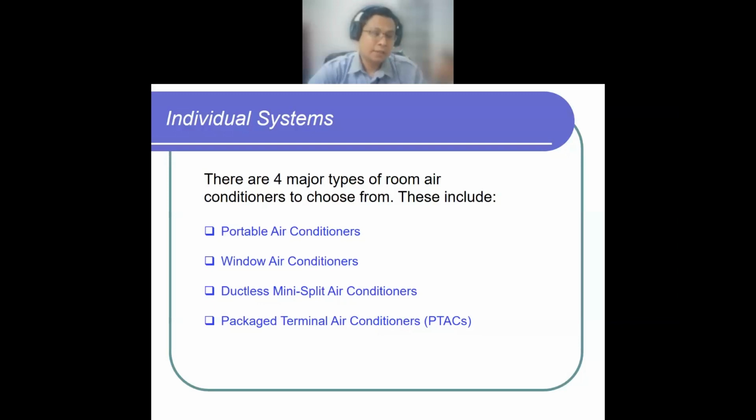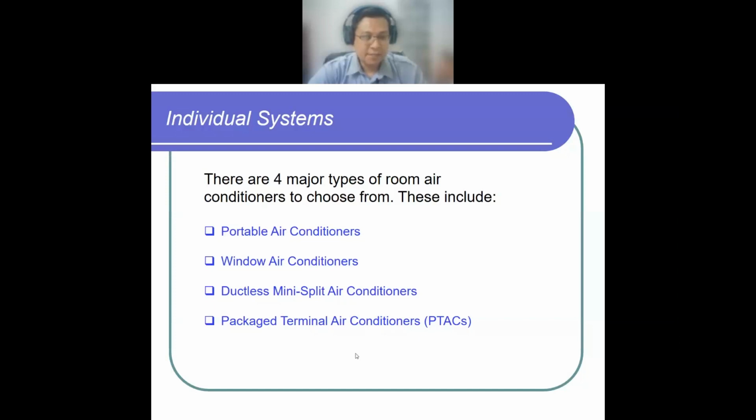Then the ductless mini split air conditioner: we don't use a duct system. That means we use a split air conditioner, where air distribution is directly from the coil and blower to the room, so there is no more duct.